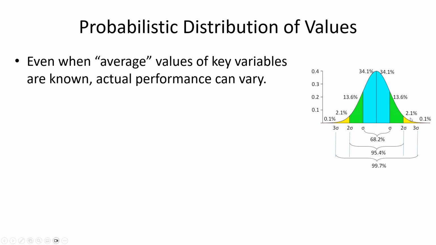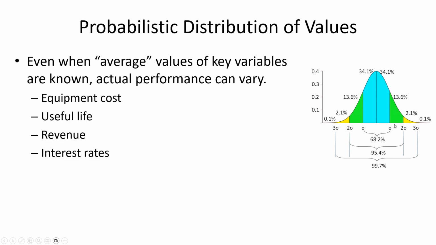And here's a normal distribution, and not every variable follows a normal distribution, but just for simplicity as a first taste of how we could look at probabilistic distributions, just assume that if we know the average to expect for anything like costs or interest rates or useful life, even if we know how long a piece of equipment usually lasts, there are going to be a handful of examples that have a much shorter useful life. Some of the examples have a much longer useful life, and so there's this distribution of likelihood.